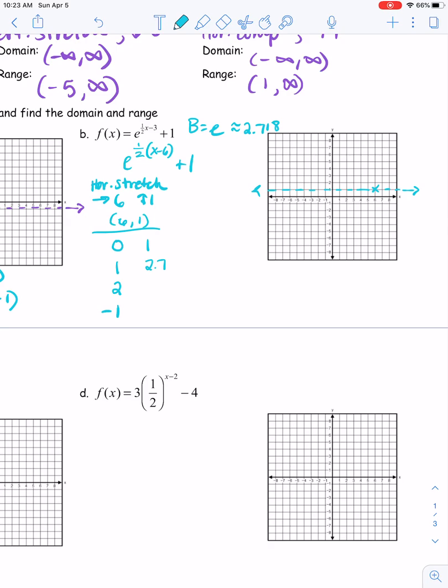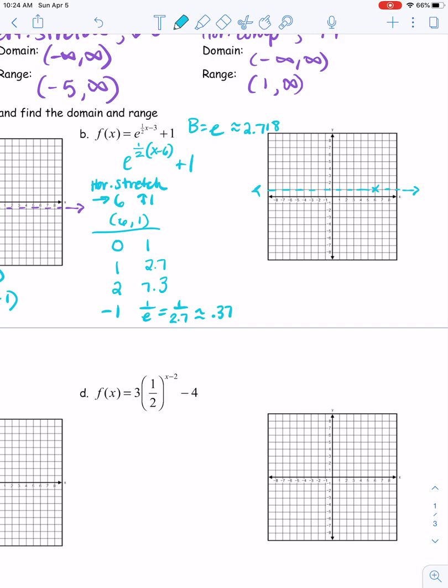2 is always going to be our base squared. So you could go ahead and grab a calculator right now and put 2.7 squared, or you can even put e squared, but that's going to give you about 7.3. And then -1, remember that's 1 over e. So that's 1 over that 2.7, which is approximately 0.37.